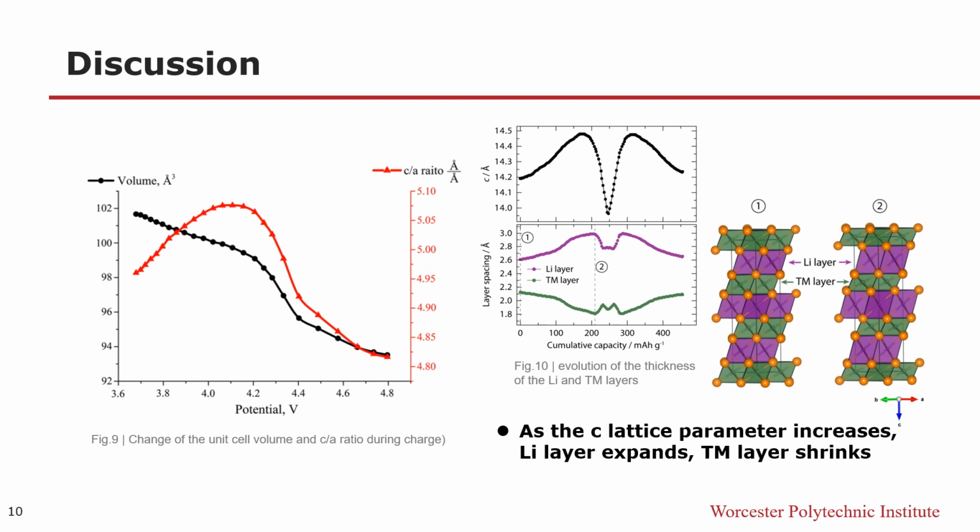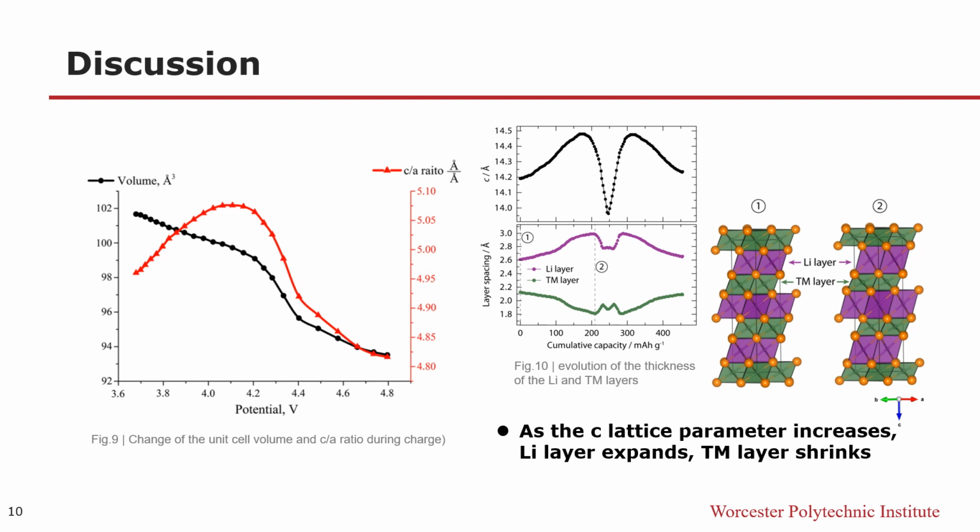There is also other deep research that takes a closer look at the evolution of interlayer spacing, which reveals that the lithium and transition metal layers behave differently as the C lattice parameter increases. The lithium layer expands, whereas the thickness of the transition metal layer decreases.